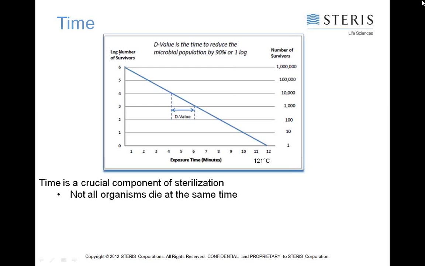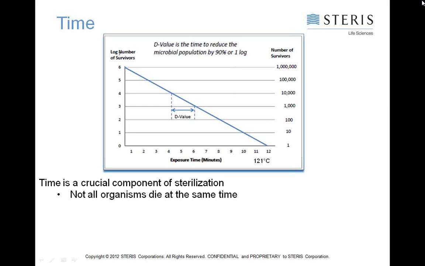And how we usually speak about these things is in terms of a log reduction. So 1 log reduction would be a reduction in the microbial population of 90%.